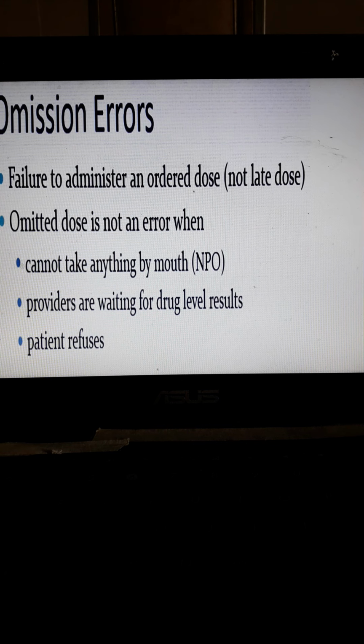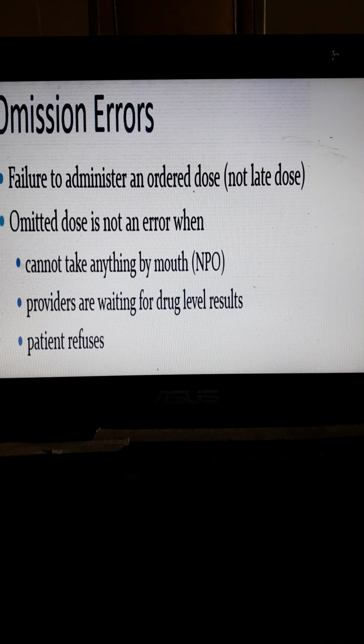So omission errors: failure to administer an ordered dose, not a late dose. Meaning an ordered dose is to be given at a specific time, and there is a failure there. When I say failure, there is no administration of the drug based on the time.